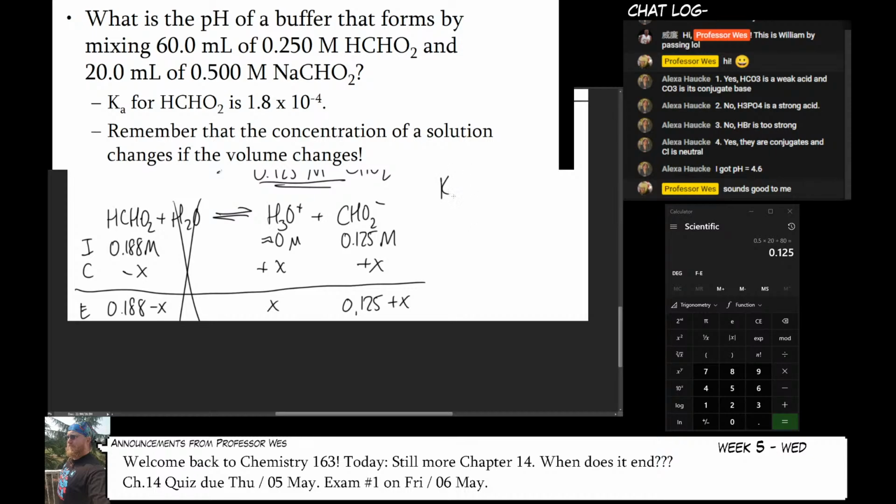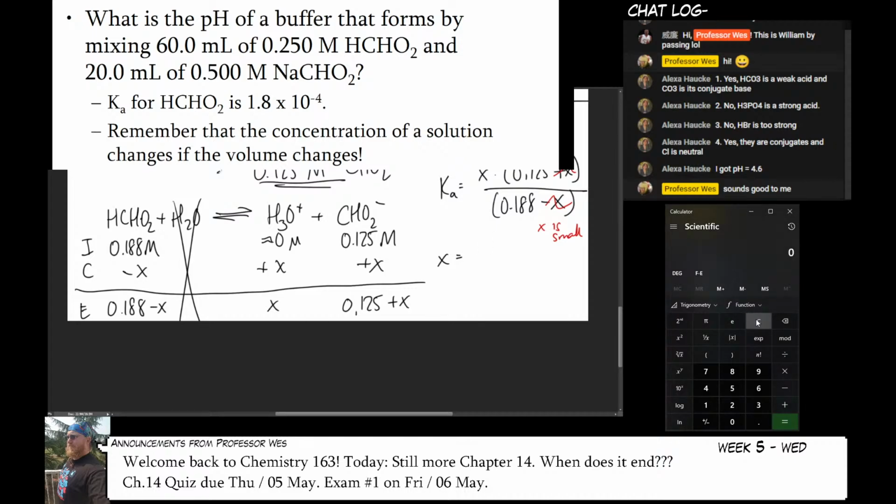So we'll say Ka equals x times 0.125 plus x. There we go. We'll get rid of these x's because x is small. And so Ka, or x, will just be 0.188 times Ka divided by 0.125.